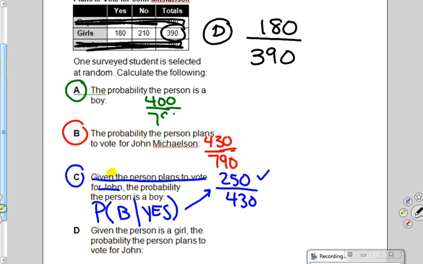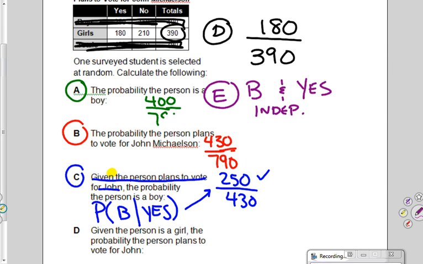Here's what you have to do for part E. To check whether boy and yes, I'm voting for him, are independent, you check the probability that you pick a boy against the probability boy given yes. This is the test for independence. You check the probability of one thing against the probability of that thing given the other.